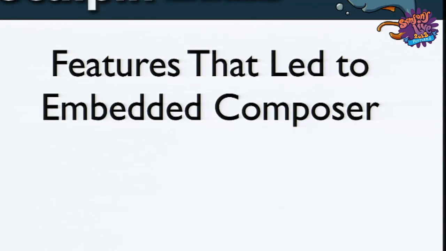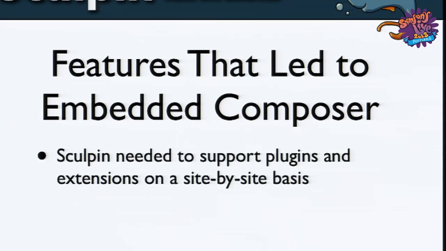The features that I had in mind that basically required that Composer be embedded into Sculpin were that Sculpin needed to be able to support plugins and extensions on a site-by-site basis. This would be the case where one website you want to have Bootstrap. Another website you want jQuery and Modernizer.